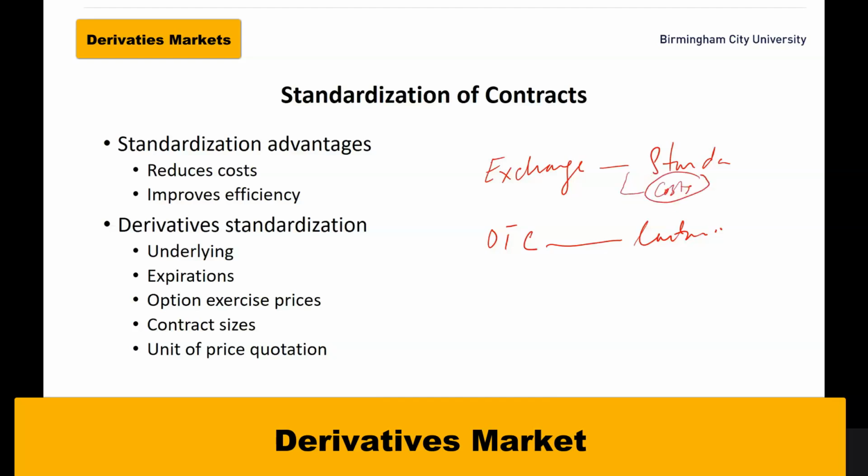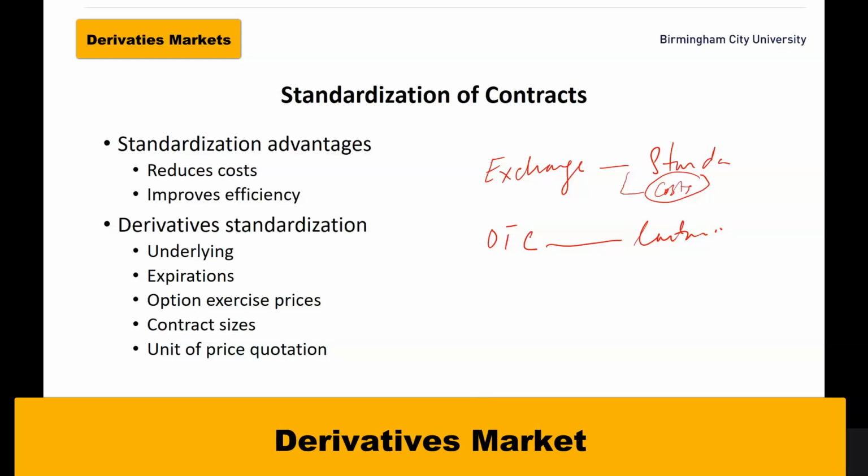Why? Just like economies of large scale production, if you have one standard product to produce again and again, it reduces your cost because the procedures are the same standard procedures. However, if you have to make customized products, you will have to make changes in the product design, the labor, the machines, and other things, and that increases your cost.